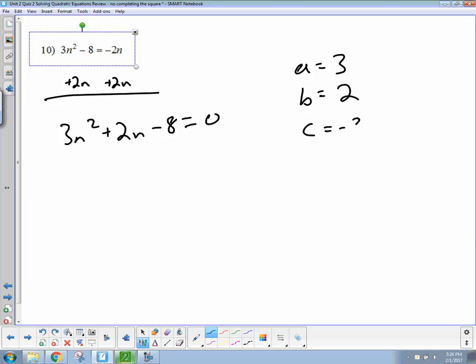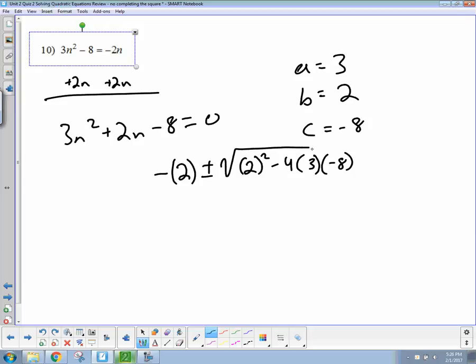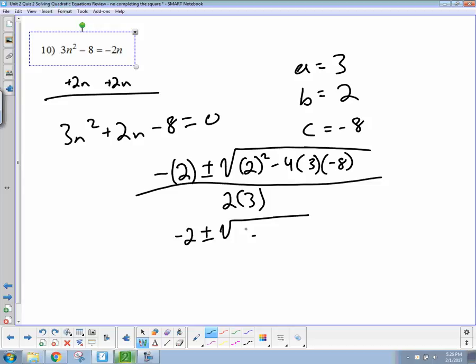Minus 2 plus or minus root 2 squared, 4, A is 3, negative 8 for C, all over 2 times A, which is 3. Simplify it a little bit. 2 squared is 4, plus 12 and 8.